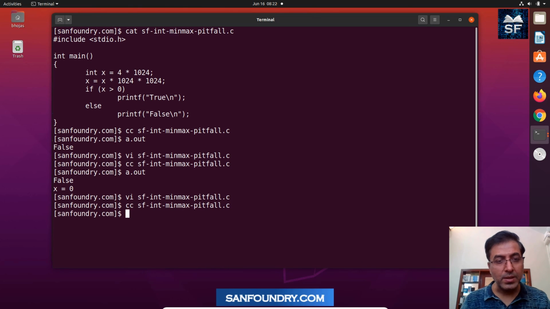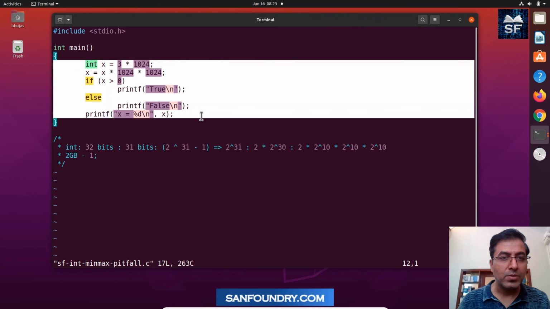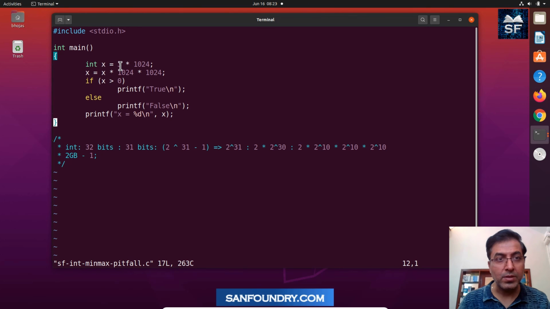So when we compile this, you will see that yes, the value of x is some negative number because it has overflown on the other side beyond these values. Whatever you take, the bottom line here is that the moment you know the min and max values, you have to understand that certain calculations either overflow the entire data type, like what we saw for the value 4 gig, or overflow into another direction and become a negative number.